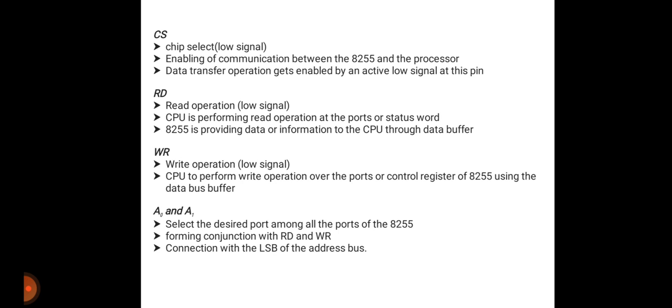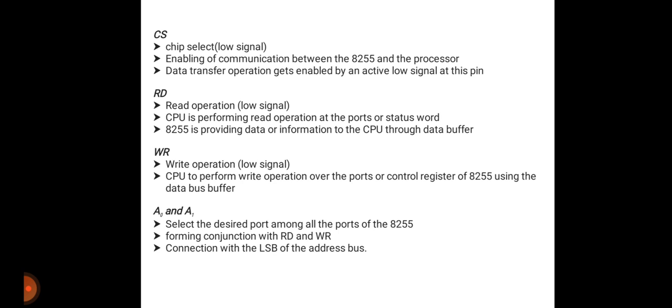RD is the signal used for the read operation, and this pin also has a low signal. It shows that the CPU is performing a read operation at the ports or status word, or we can say that the 8255 is providing data or information to the CPU through the data bus or data buffer.